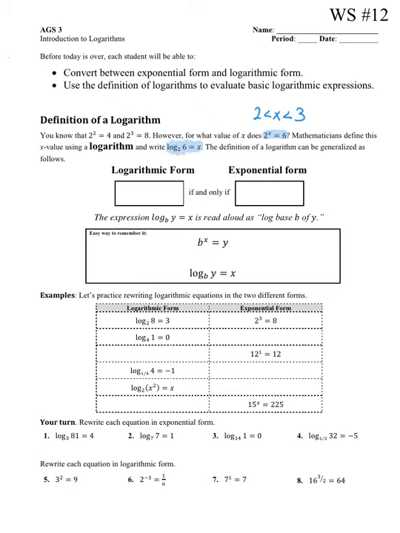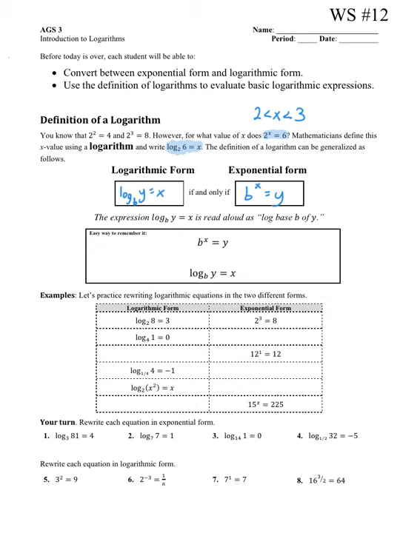equals x. So in general, this is kind of weird, but we'd say log base b of y equals x if and only if b to the x equals y. So those are interchangeable. We can change forms that way.